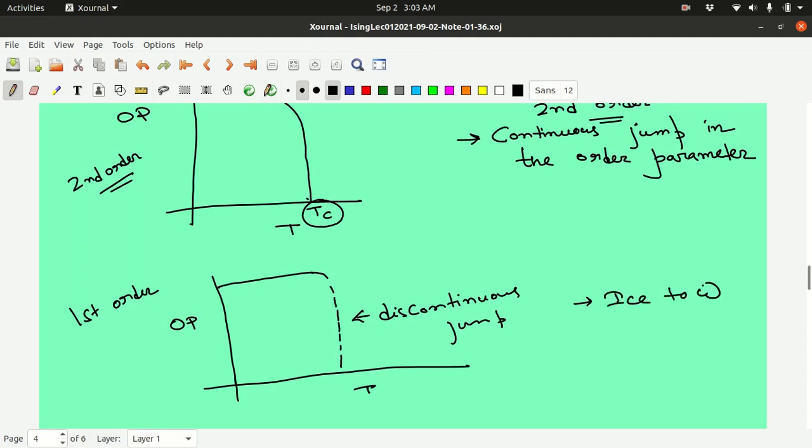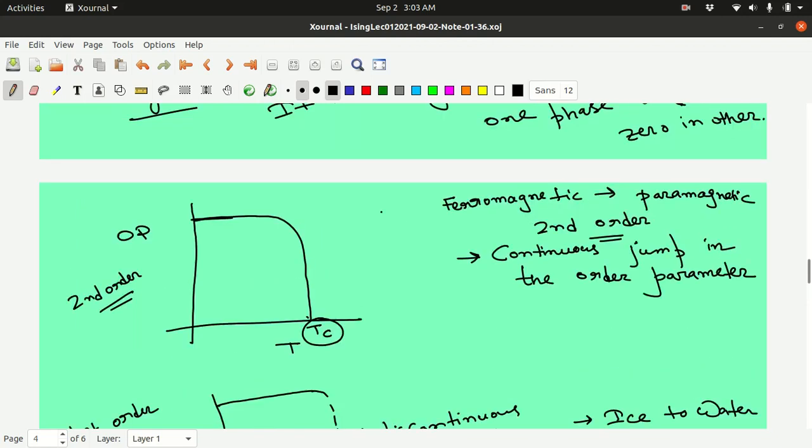So this is how an order parameter works. In the Ising model, the magnetization is basically the order parameter, and I will describe that in a while. It goes from 1 to 0: in the ferromagnetic phase the magnetization is non-zero, and in the paramagnetic phase the magnetization becomes 0.